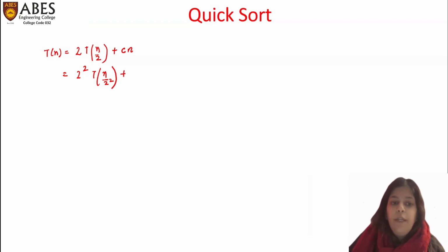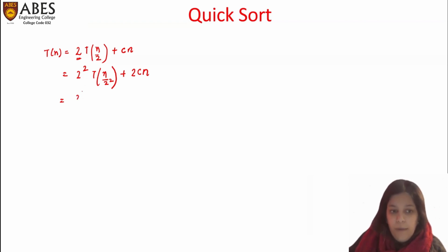plus C of n by 2. Here, as the number of elements has become n by 2, this becomes C of n by 2. Multiplying it with the 2 which was outside, it will again become Cn. So this will become 2Cn. Then let us again divide it into further 2 halves.